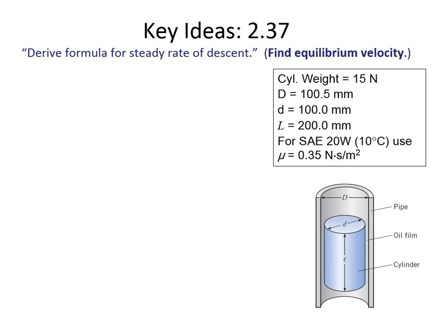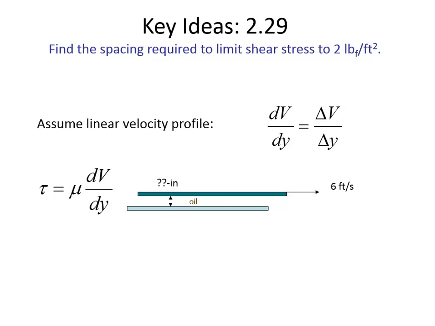So essentially, they want to know what's the velocity as it falls. And it's an extension of this last problem we looked at. This problem used shear stress. Does anybody remember what's the relationship between shear force and shear stress? What's the formula that relates those two, where shear force has units of newtons, shear stress has units of newtons per meter squared?